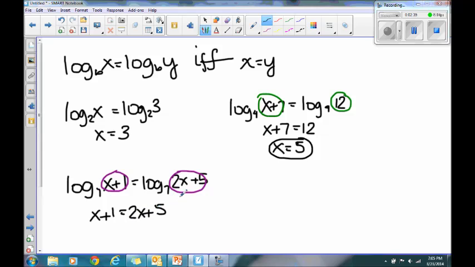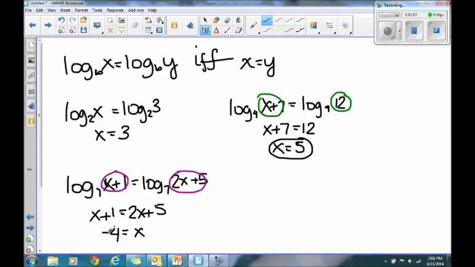Now when I solve this equation for x, I move the x's to the right, I subtract 5 from both sides, and I find out that x is equal to negative 4. Now the thing we have to keep in mind here that we didn't have to worry about with our exponential equations is the domain. If I have b to the x, I know that its domain is all real numbers. But with our logarithms, log of any base, we can only take the log of positive numbers.